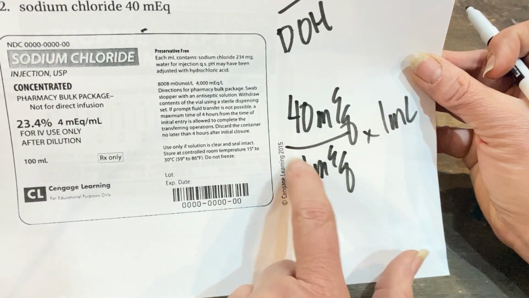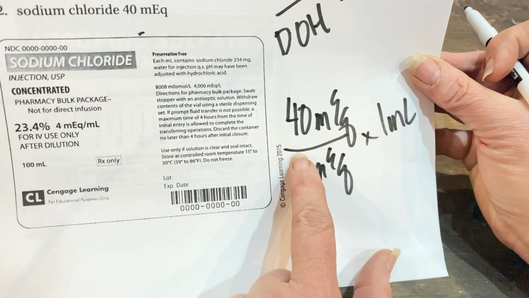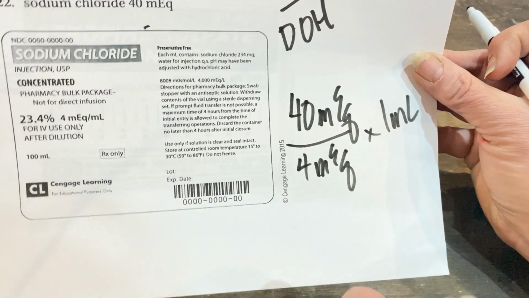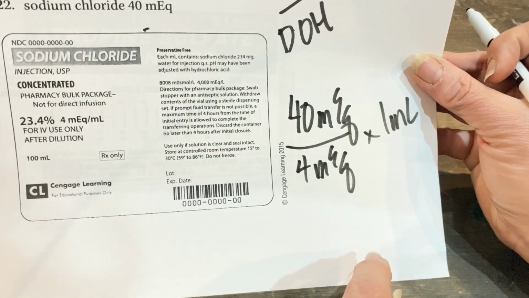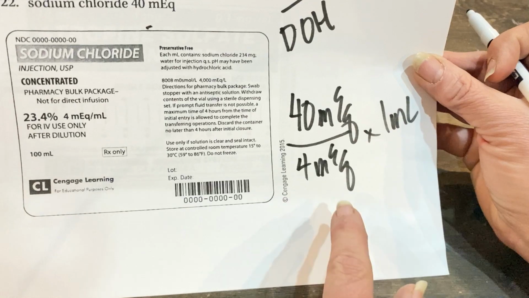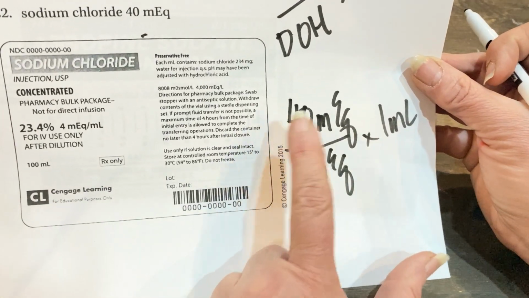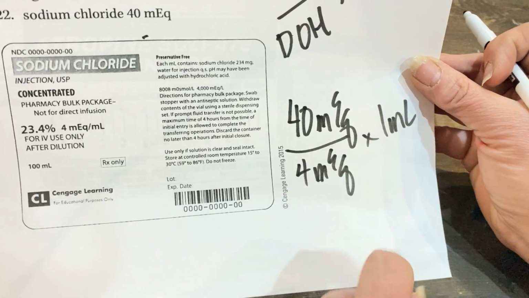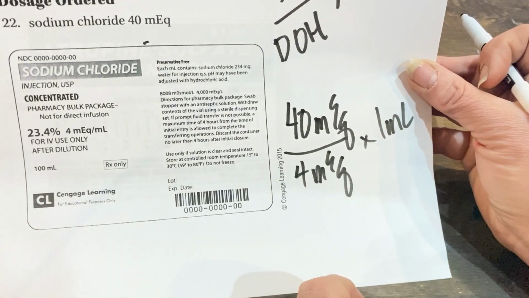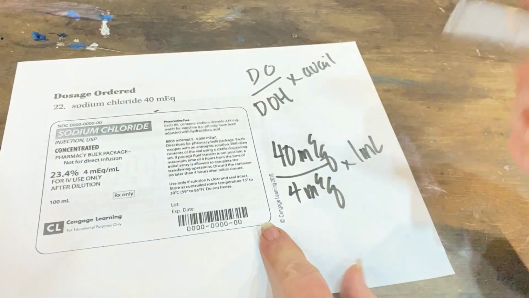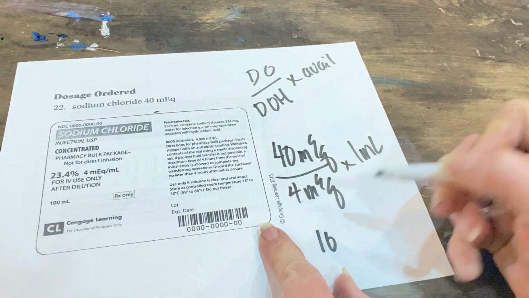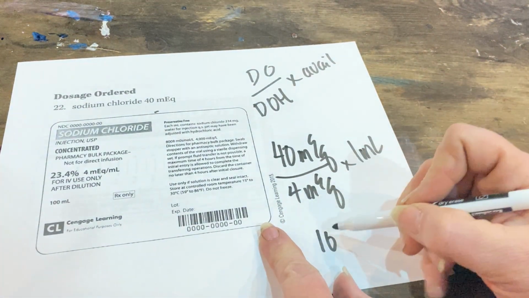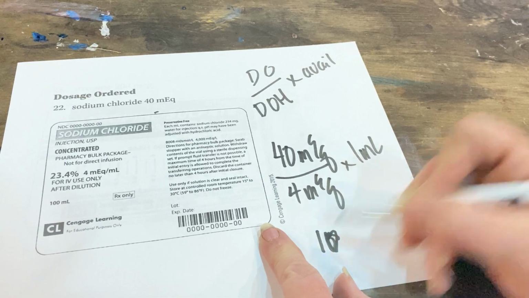So this fraction says 40 divided by 4. When you're keying it into your calculator, it's going to be 40 divided by 4. And if you get your handy-dandy calculator and you work it out, you're going to get 10. Don't put 10 milliequivalents, it's just 10, all right?